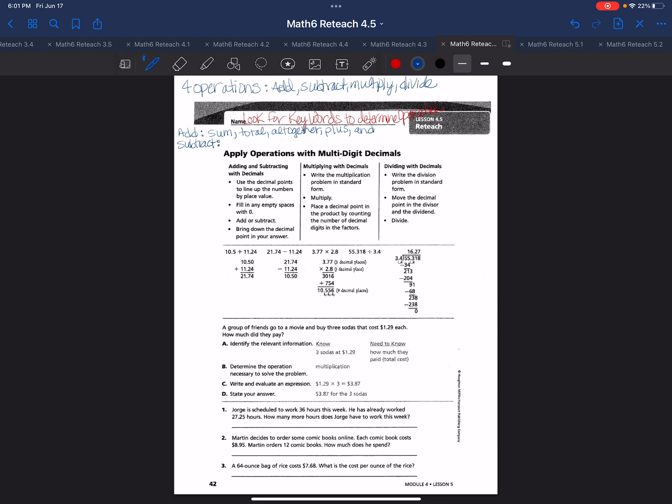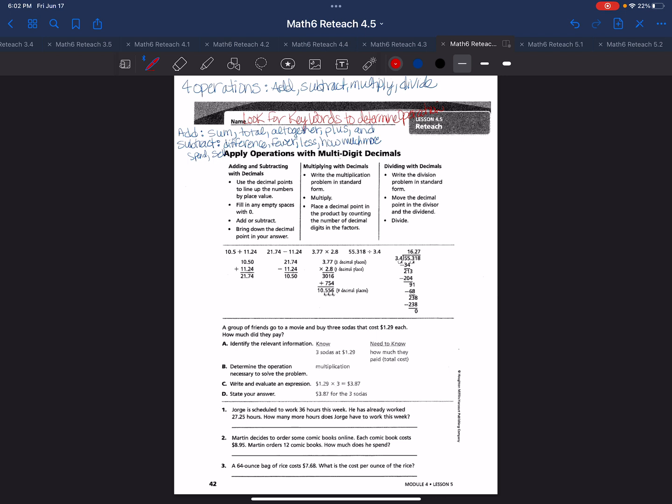For subtraction, a few of them are, there's always more than this, but these are some good ones: difference, fewer, less, how much more, and then if you sell something or if you spend your money, that would also be subtraction.